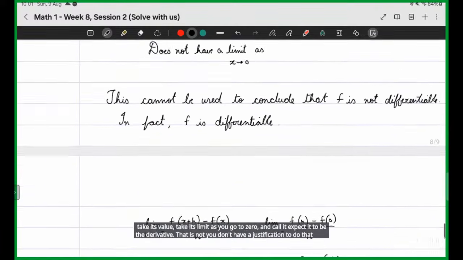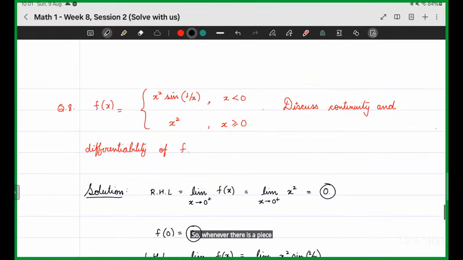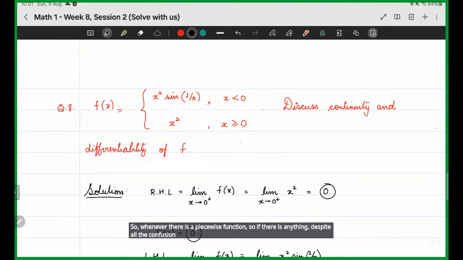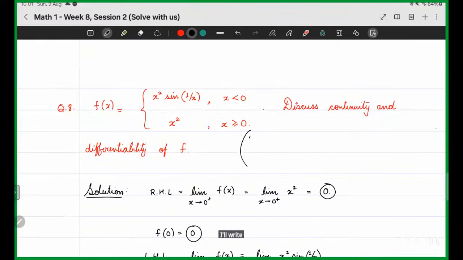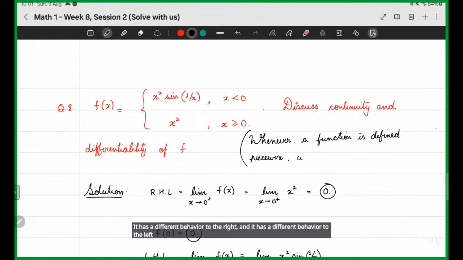So whenever there is a piecewise function, despite all the confusion that this might have caused, I'll write something that you definitely have to use in your problems. Whenever a function is defined piecewise, meaning it has a different behavior to the right and it has a different behavior to the left, use first principles.